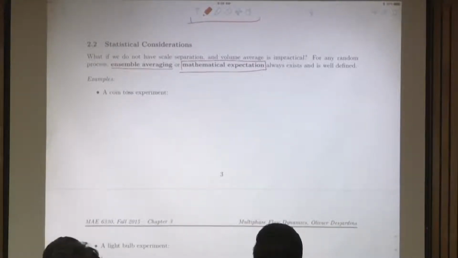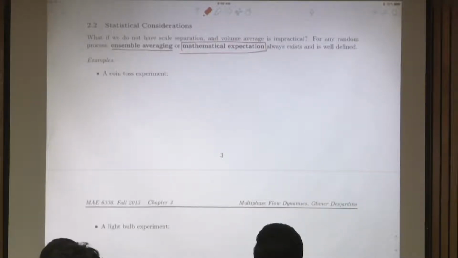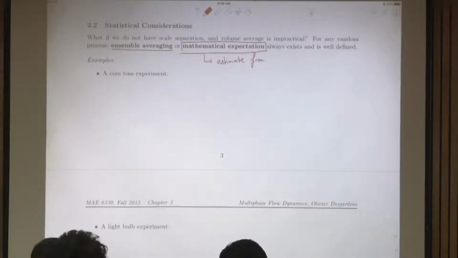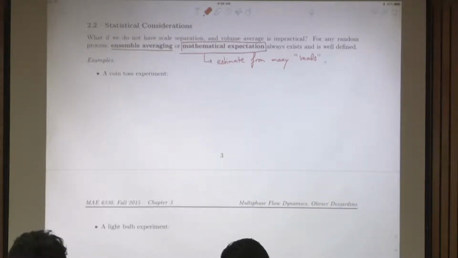It doesn't matter how you get it, but you can always rely on the properly defined estimate from a number of trials, for many trials or realizations.